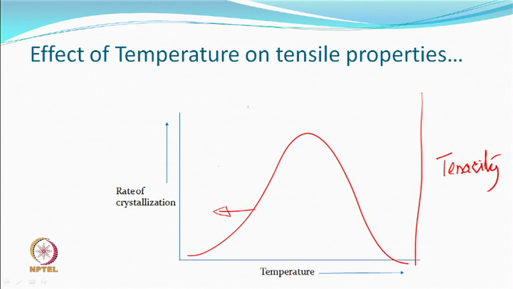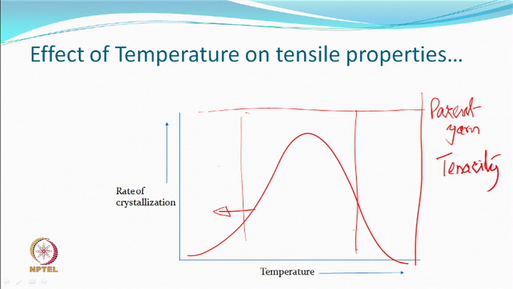So, let us say if the parent yarn tenacity is this, and we are working on a range of this type, because let us say optimization. The textured yarn tenacity will always be lower and this will only fall.